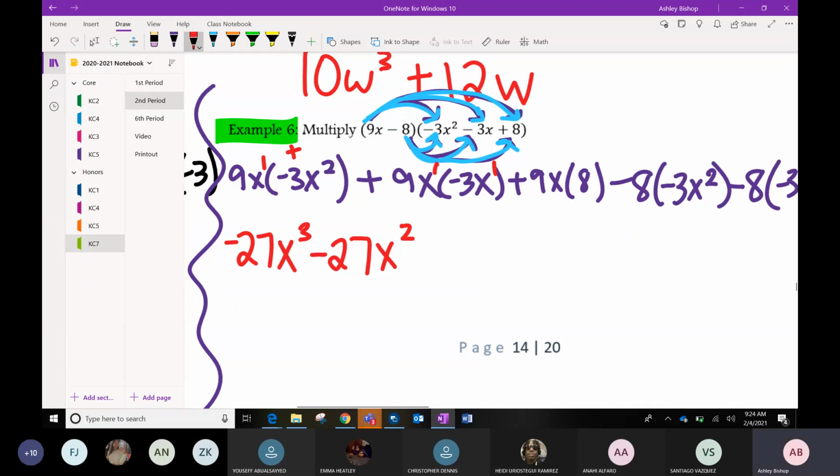All right, and then plus 9x times 8. 9 times 8 is 72. And then just that x comes along for the ride. All righty, then -8 times -3 is +24. And then x squared just comes along for the ride because I have no x to compare it with.